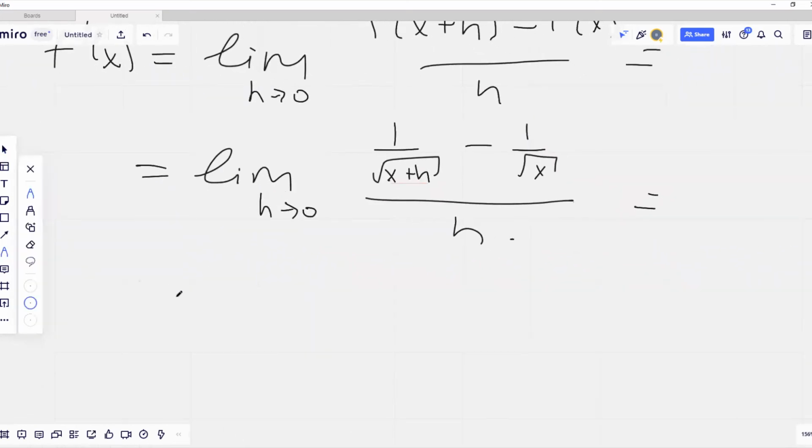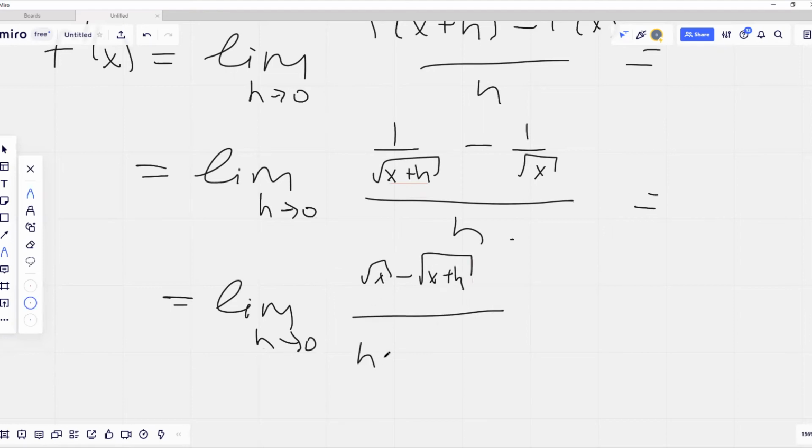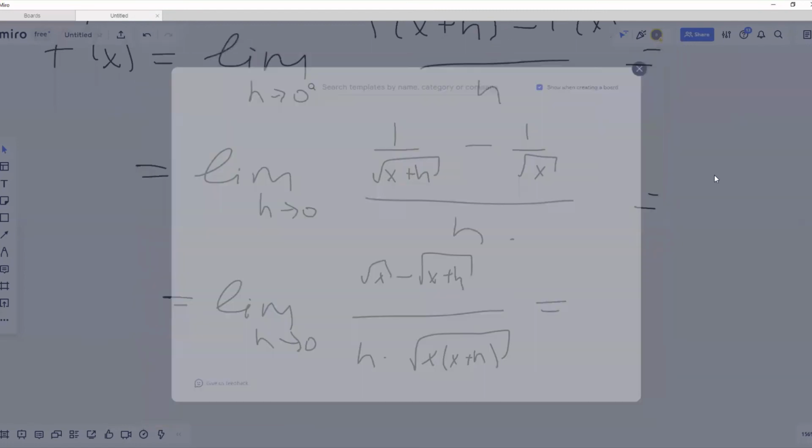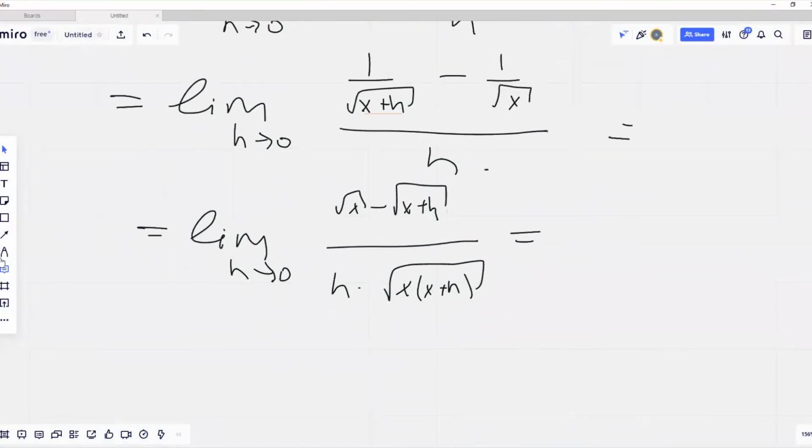Okay, so we will have a limit when h is approaching 0 of root of x minus root of x plus h, divided by h times root of x times root of x plus h. Let's multiply and divide everything by the conjugate of the numerator.